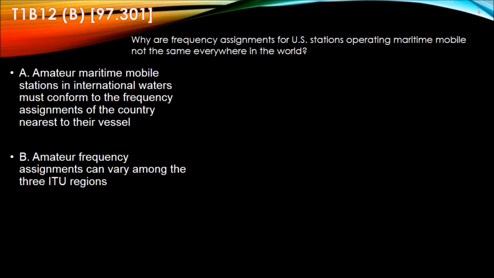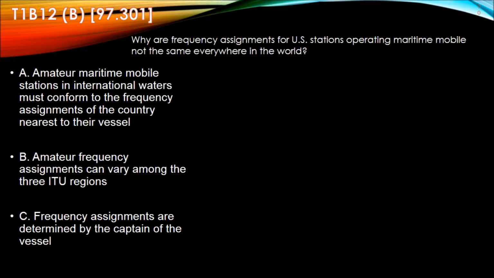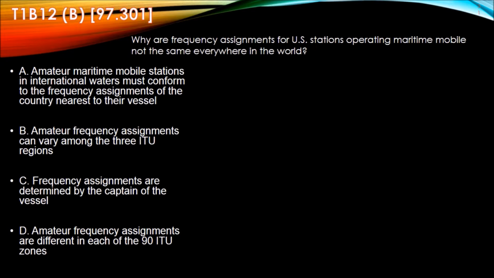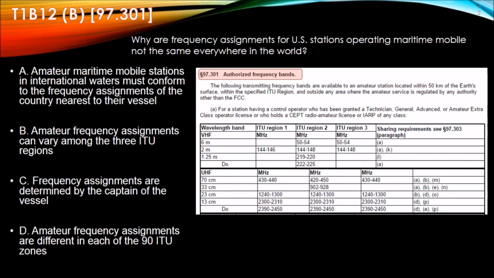B. Amateur frequency assignments can vary among the 3 ITU regions. C. Frequency assignments are determined by the captain of the vessel. Or D. Amateur frequency assignments are different in each of the 90 ITU zones.